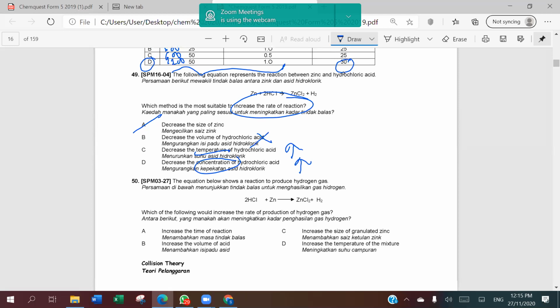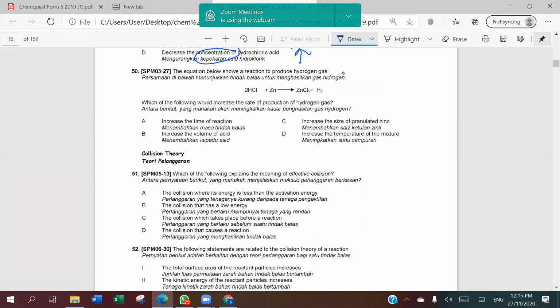Six more. The equation below shows a reaction to produce hydrogen gas. Which one can increase the rate of production? D. Increase the temperature of the mixture. Okay, everyone agrees with Chia or anybody want to disagree with Chia?